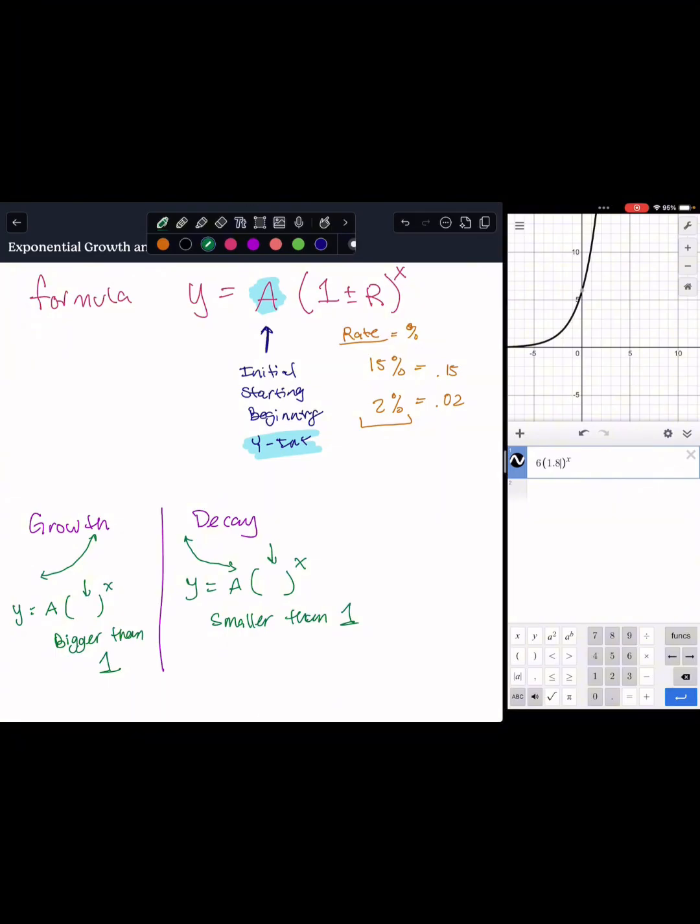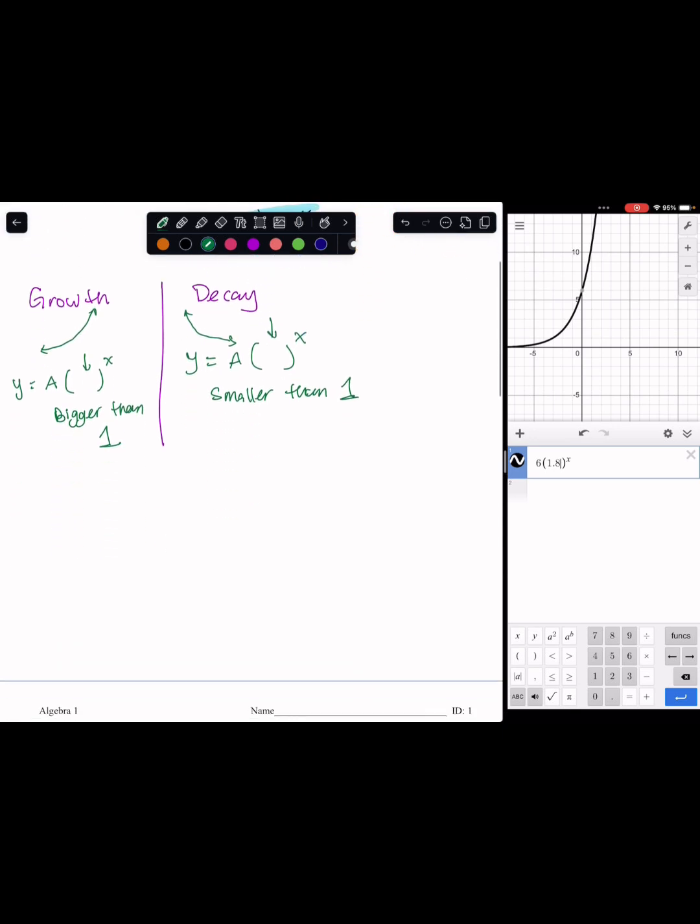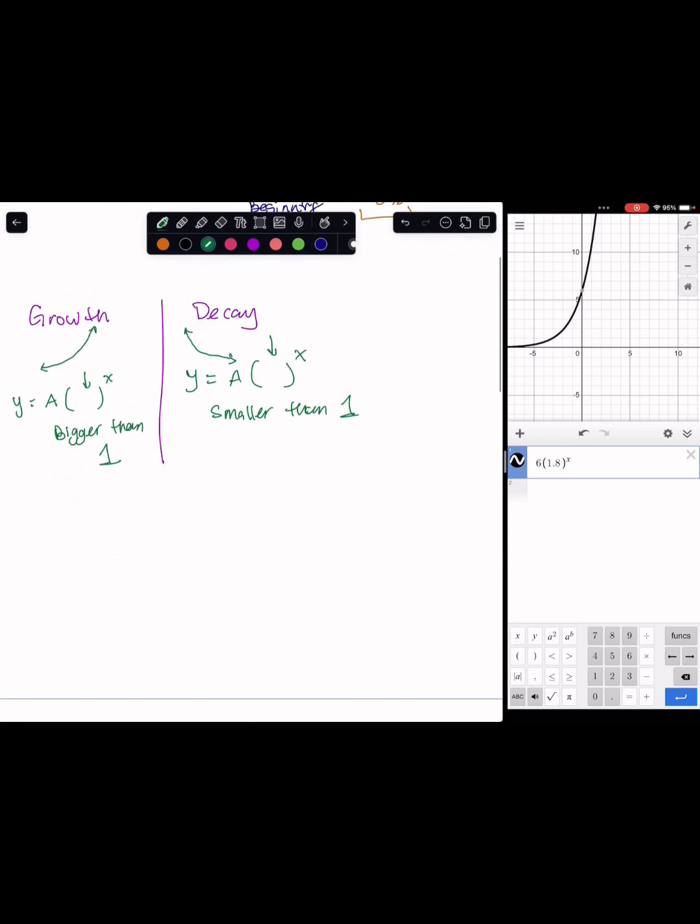All right. So how can I tell if my rate is going to be a growth or decay? You're going to get some questions that might say it's a growth of 3%, or it could be a decay of 3%. How you're going to do that is you're going to treat it like money, like a dollar, right?